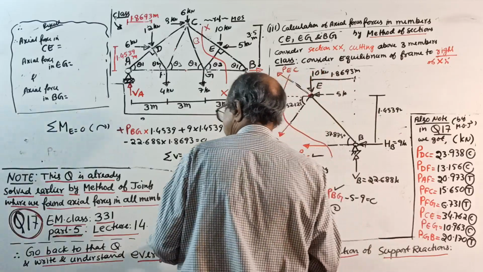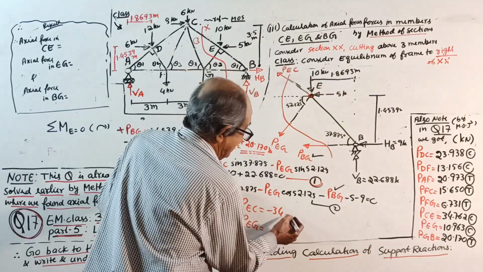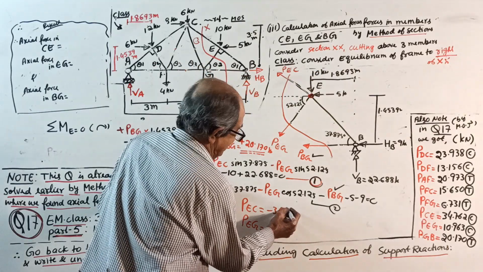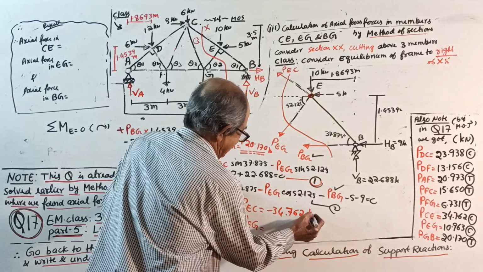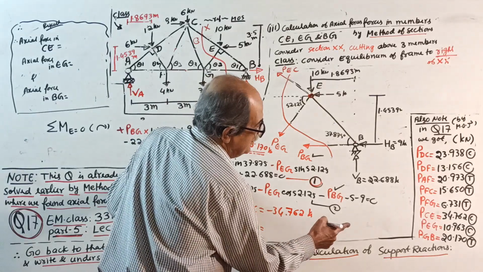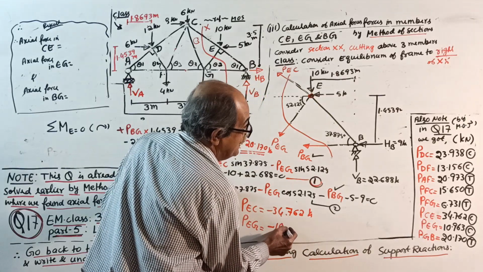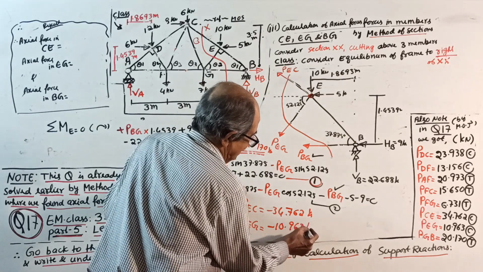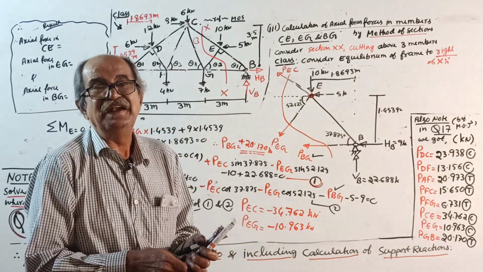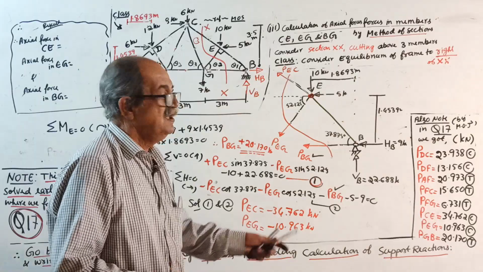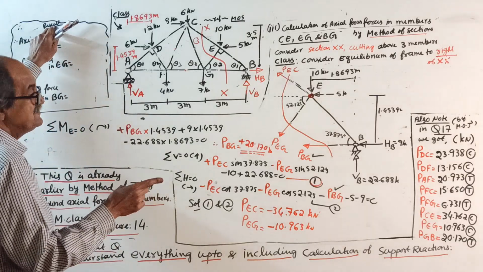Okay. PEC is minus 34.762 kilonewton. And PEG, compression, minus 10.963 kilonewton. Feeling really tired, therefore I decided you do the high school mathematics. Now check the result.